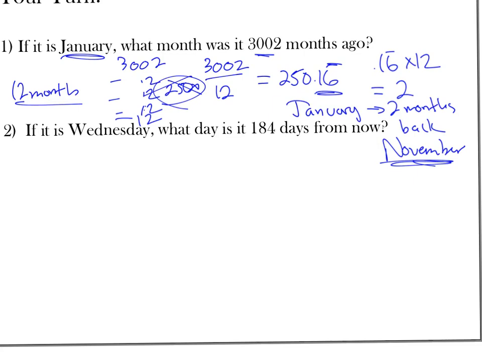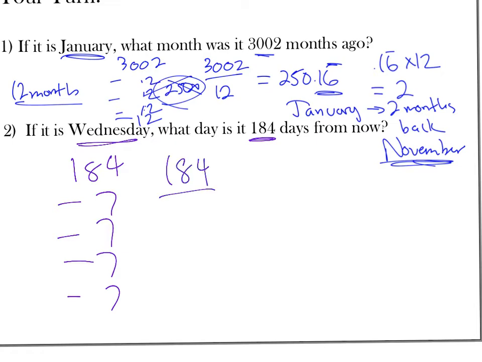Okay, so what do you think this looks like here for today? Today is Wednesday. What day is it 184 days from now? Well, you can sit there with 184 and keep subtracting 7 until you get down to how many days it is, but that's a little nuts. So I would rather take 184 divided by 7, because there are 7 days in a week.